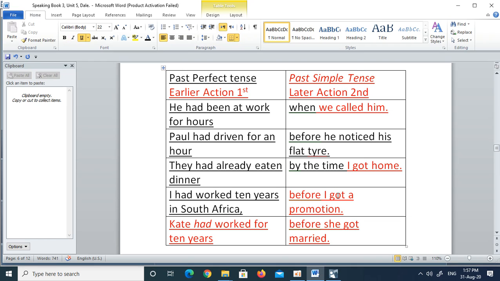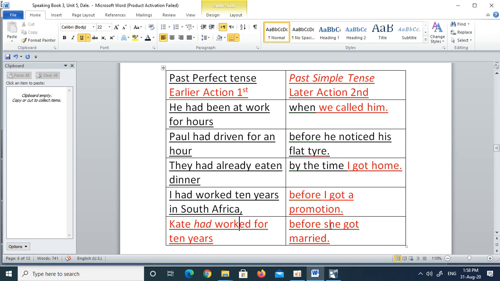So got is the past simple for the verb get. And you can use any answer of your own here as long as the verb is in the past perfect, which means it has a had and it has a past participle.